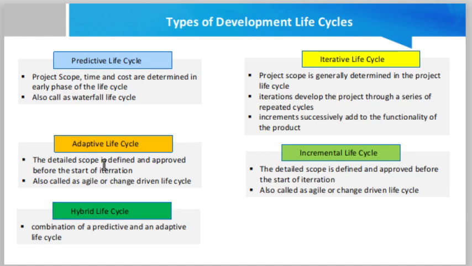Next is the adaptive life cycle. Adaptive life cycle, or we can say the agile approach. Basically, this is the iteration or agile based approach. The detailed scope is defined and approved before the start of the iteration, and we divide the project into multiple chunks, and we deliver the project to the customer with a chunk based approach, a sprint based approach.